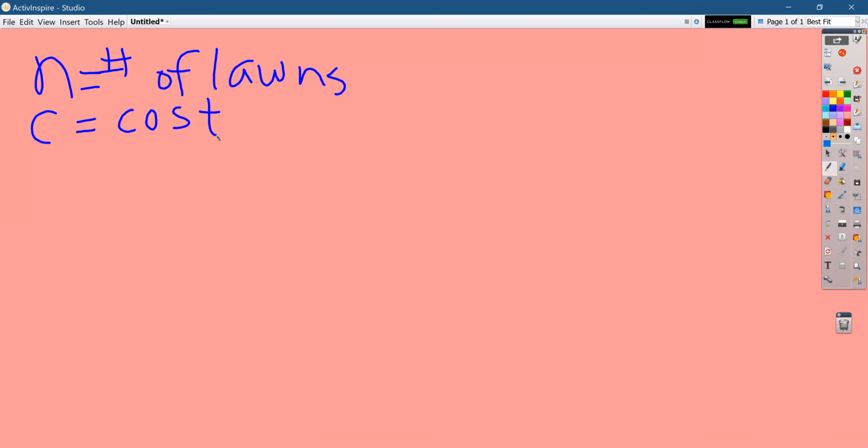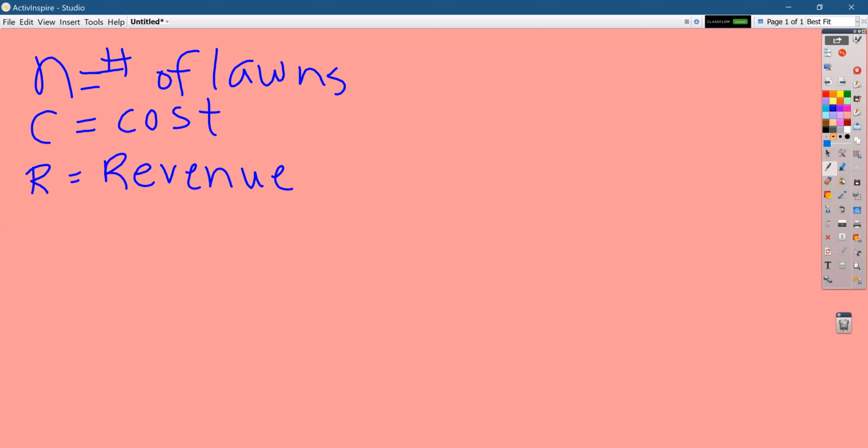The third variable that you see is an R, and R stands for revenue. This is not a word that we use a whole lot. Revenue is how much money Alex is going to make.